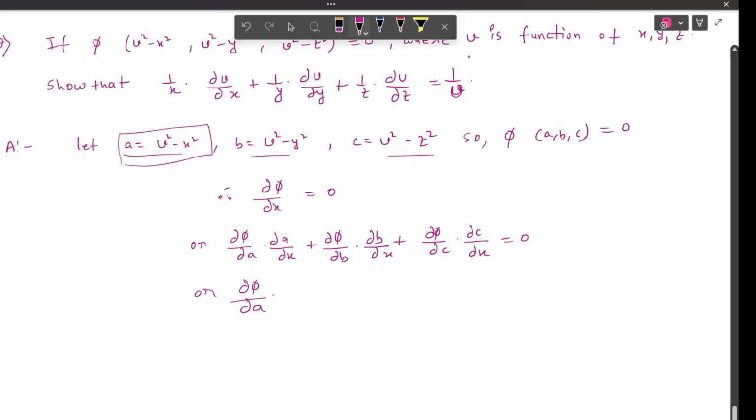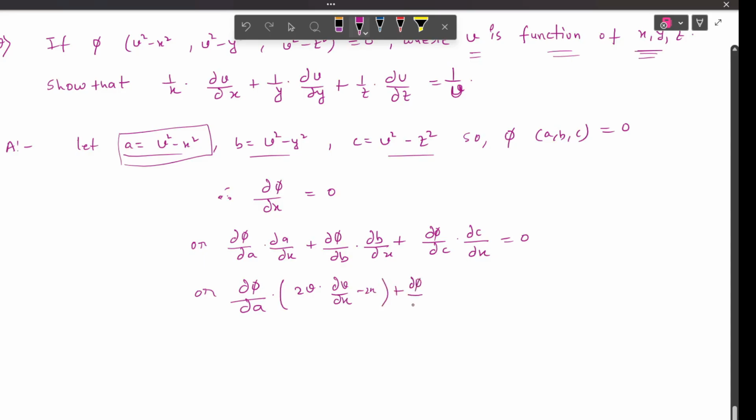You cannot take v as constant, because it is given that v is a function of x, y, z. So the derivative of v² is 2v ∂v/∂x, and for x² it is minus 2x.